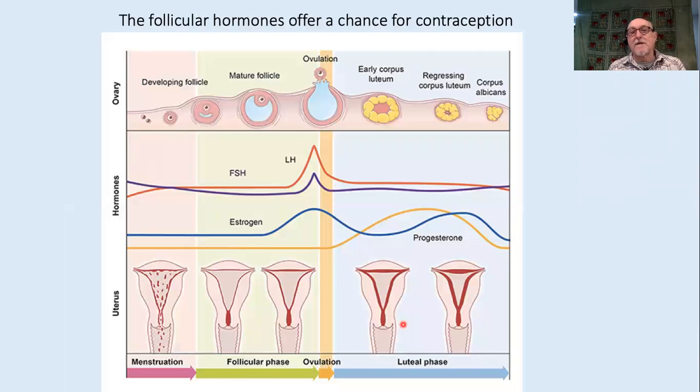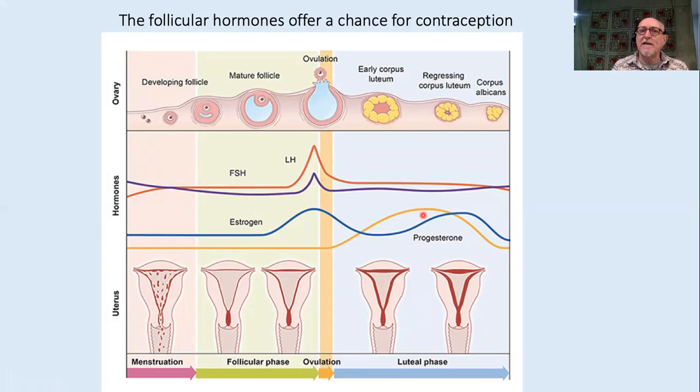But there's one other thing to think about, and that is, as long as these levels here of progesterone and estrogen are high, they have another effect, and that is to suppress the development of a new follicle. No new follicle is going to develop as long as the corpus luteum is secreting progesterone and estrogen.